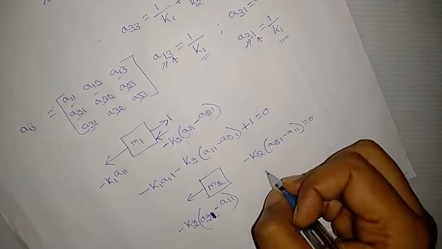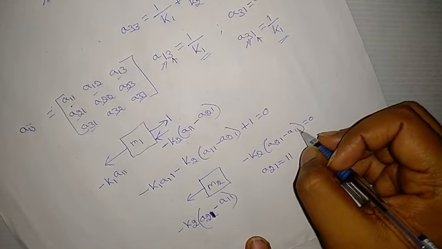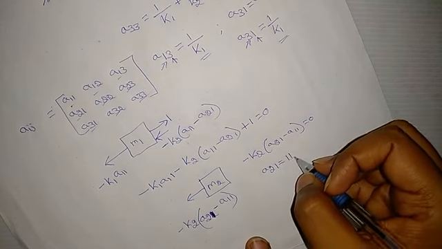Since K2 is not equal to 0, A21 minus A11 equals 0, so A21 is equal to A11.